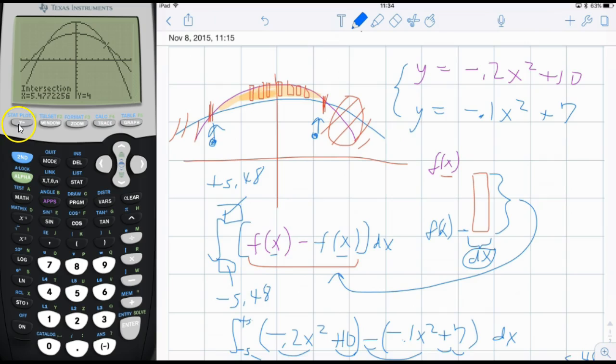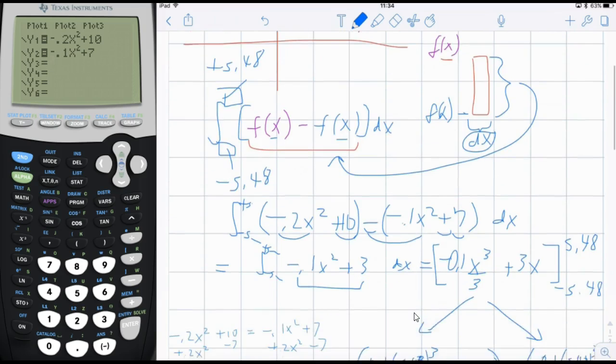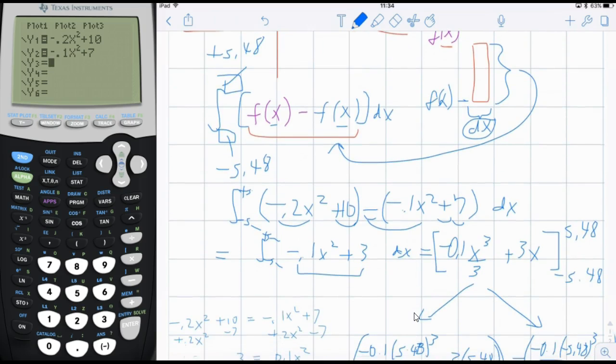Then we're actually going to take the integral of this area. We do have both of the component functions in here, but when we take the integral of the area, the body of the integral needs to be purple f of x minus blue f of x. And we figured that out right here.